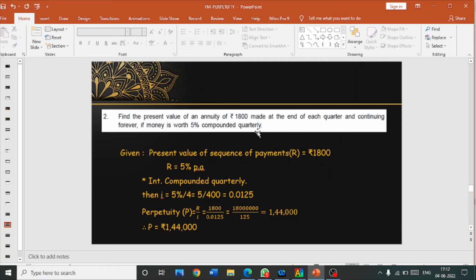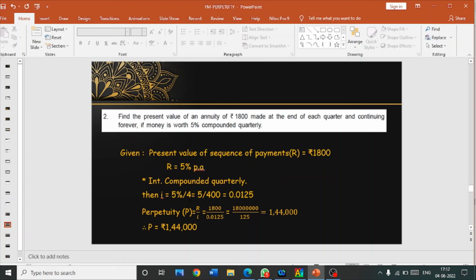Quarter means R will be divided by 4. What is R? 5%. So capital R, that is cash flow, 1,800. R is 5%. So 5% divided by 4, you are getting 0.0125. 5 divided by 100, the whole divided by 4.